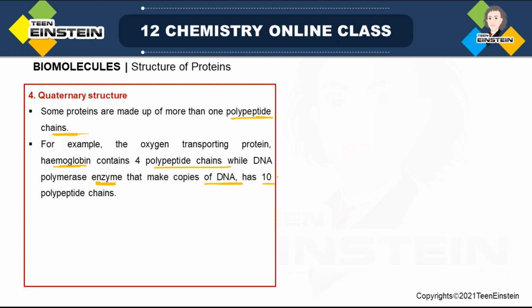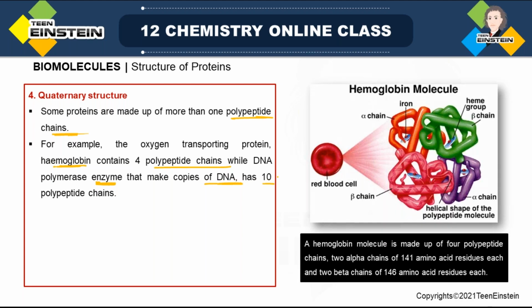Now we will take the simplest among these two, which is hemoglobin, containing 4 polypeptide chains, and all these 4 polypeptide chains you can see are shown here by different colors. So this is one, then second, third, and fourth.